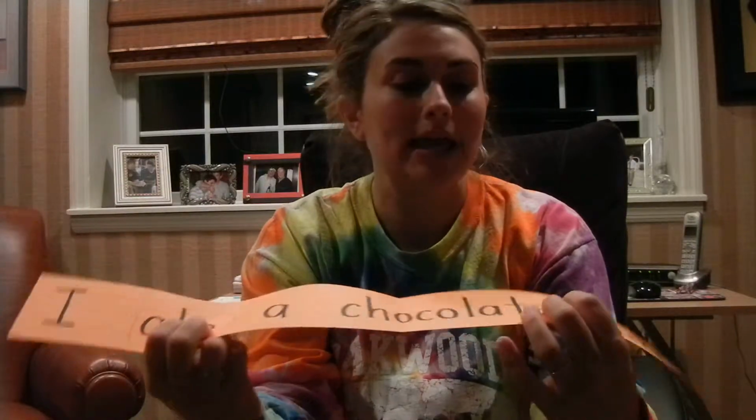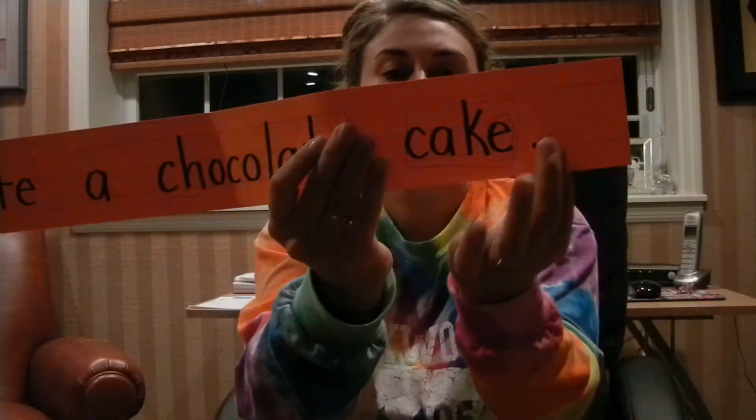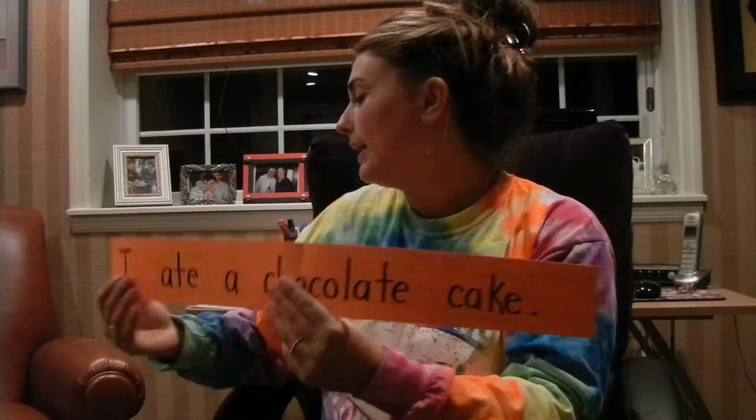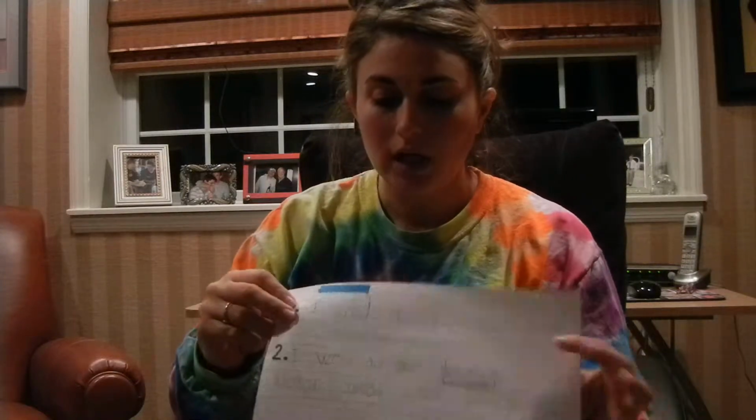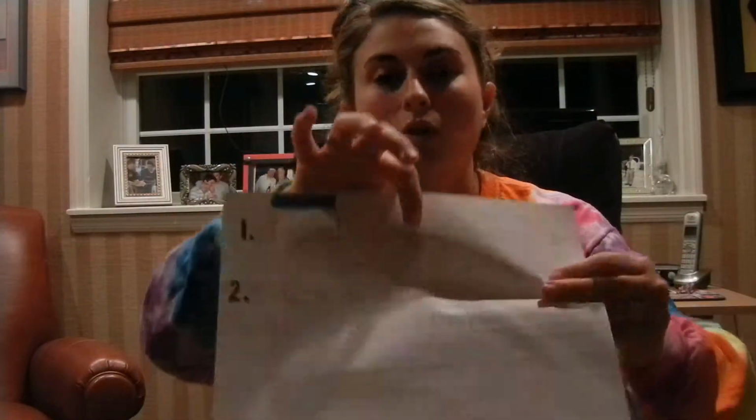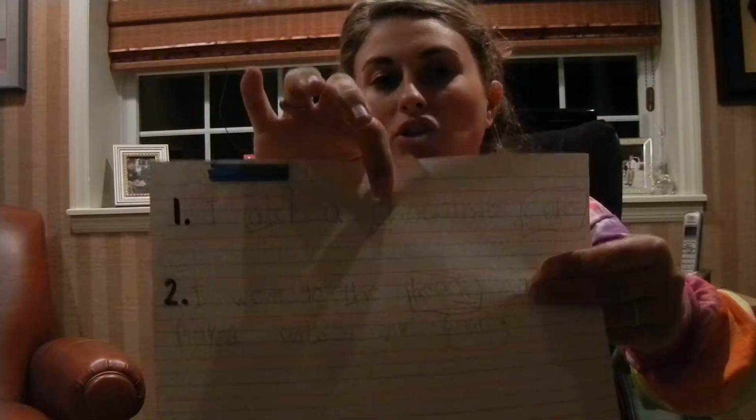So he boxed ate and he boxed cake. And then I had him copy it down himself and write it on a piece of paper. And then he did the same thing as well. He boxed his 2 silent E words. And he also underlined his digraph, CH here, because that's what we've been working on.